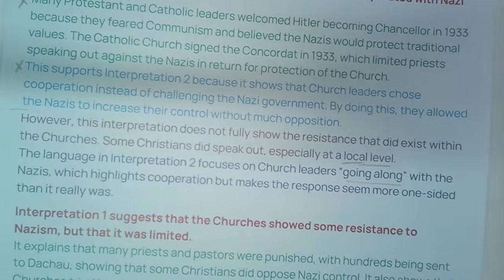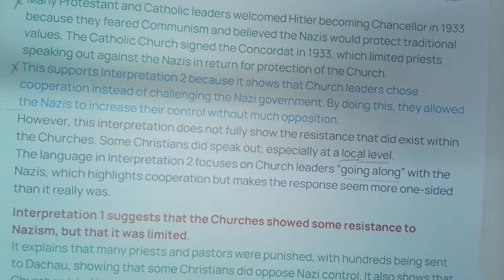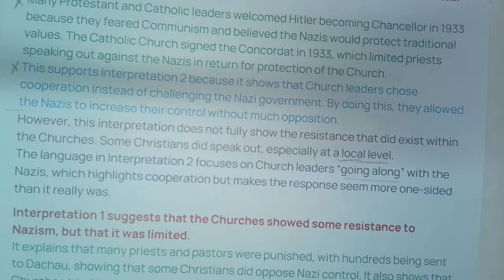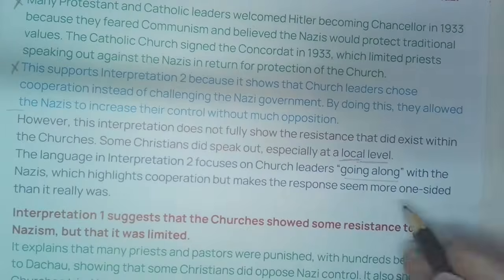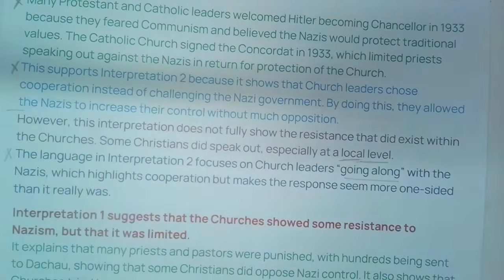Now, I think it's really difficult in history to try and apply our English skills. But this is where your history teachers are looking for you to cross your skills over. Where can you pick out your English language skills and go, okay, they're going along with the Nazis. It highlights cooperation, but it makes the response seem more one-sided than it actually is. Yeah, they're just going along with it. Well, are they? Do they seem like they're going along with it on the surface? So use your critical thinking skills here.